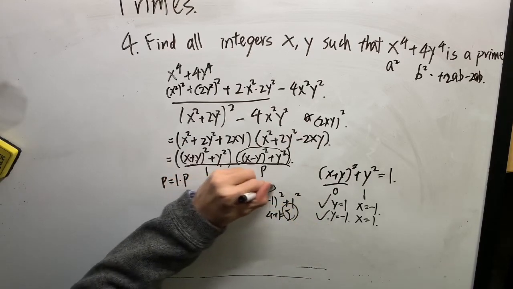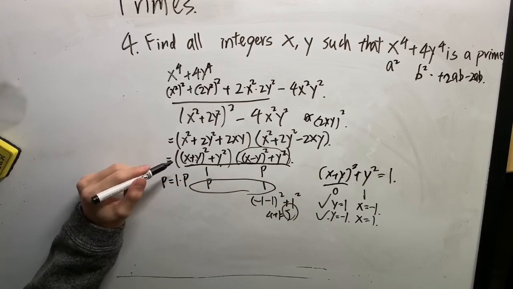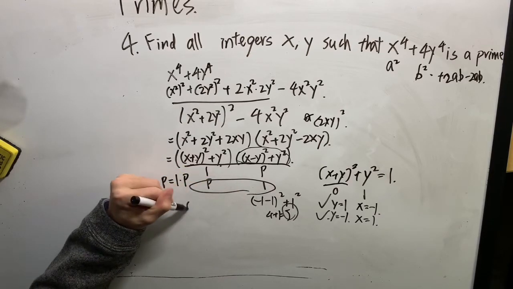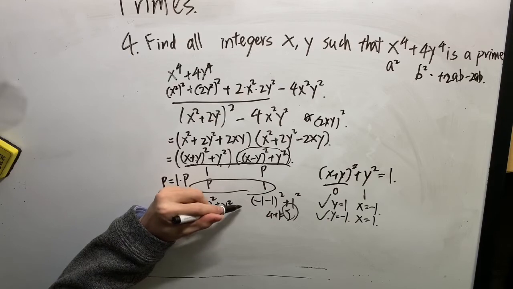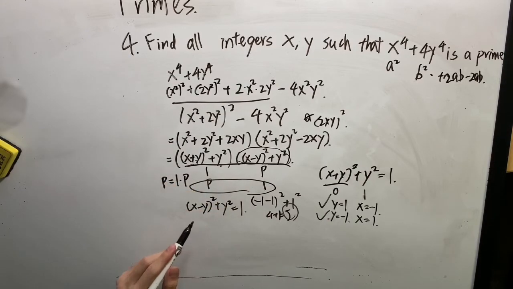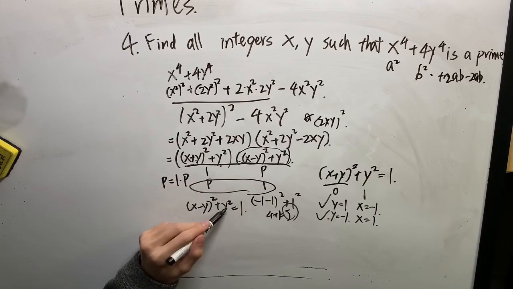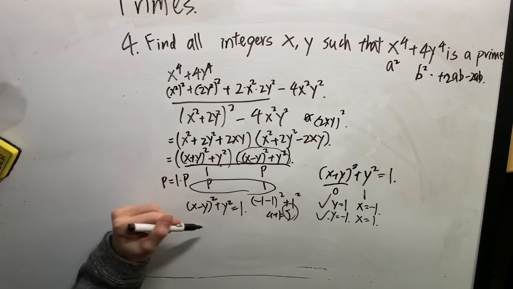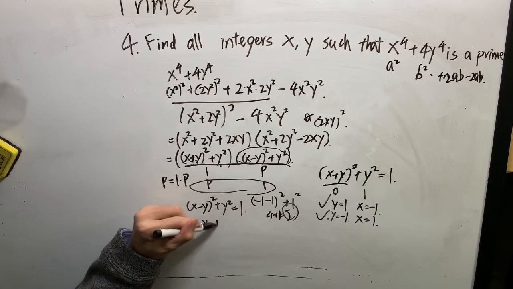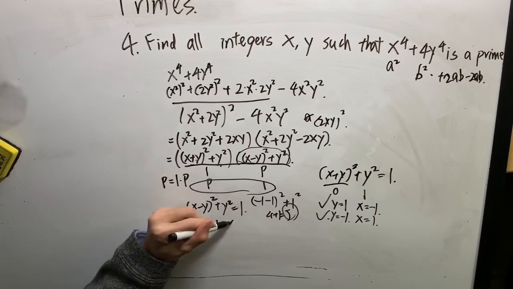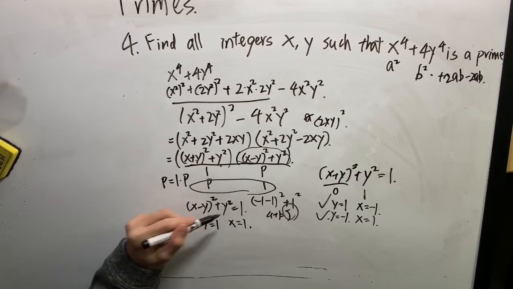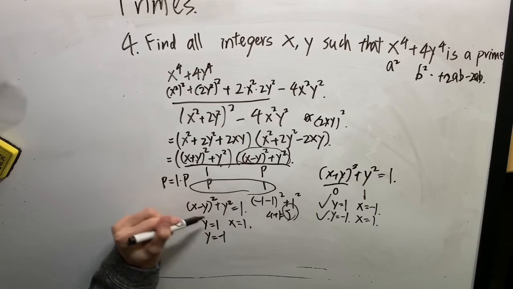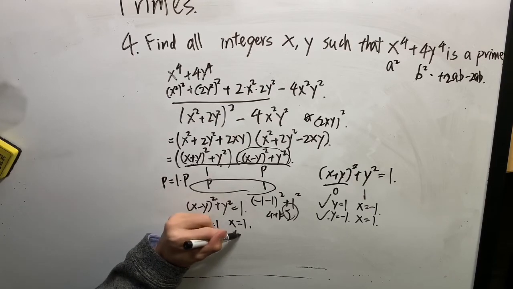Let's see the second situation. So (x minus y) squared plus y squared equals 1. Thus, y squared equals 1, and y can be 1, so x must be 1. And y can be -1, and x must be -1.